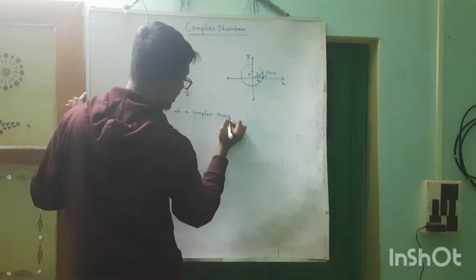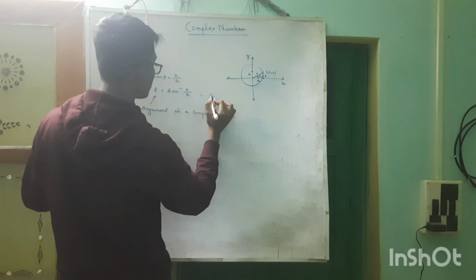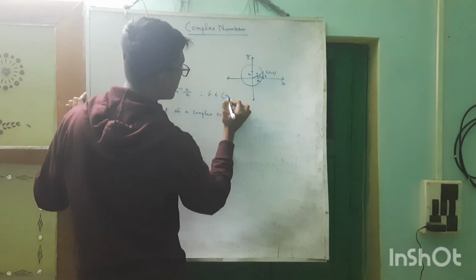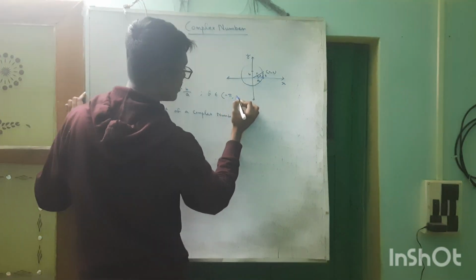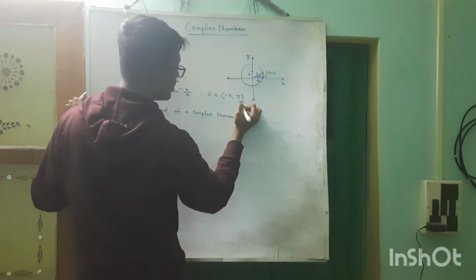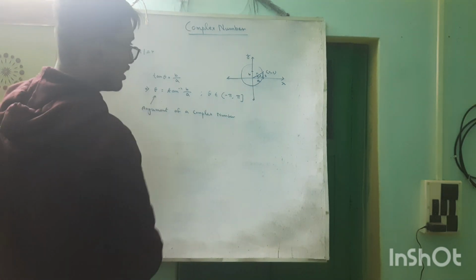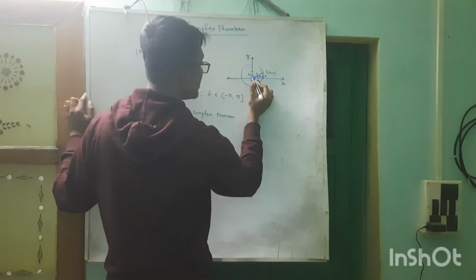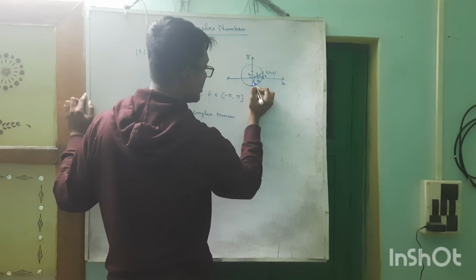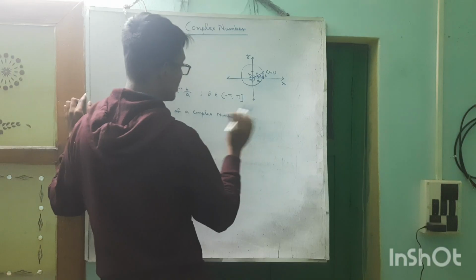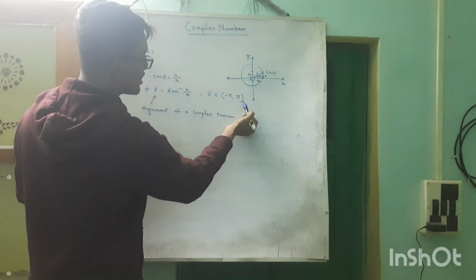And theta belongs to minus pi to pi. So what is this? Actually, we take the theta angle in the positive direction and in the negative direction. So that's why theta belongs to minus pi to pi.